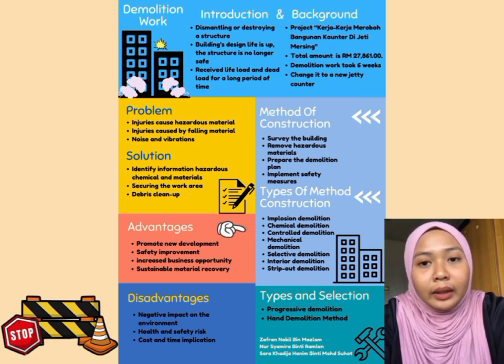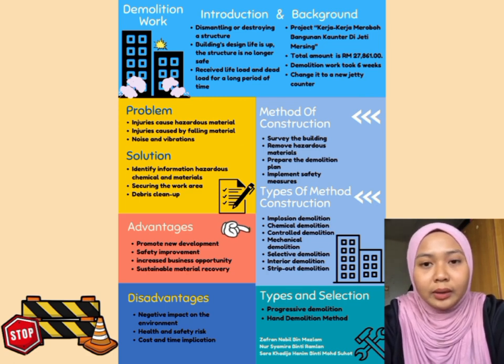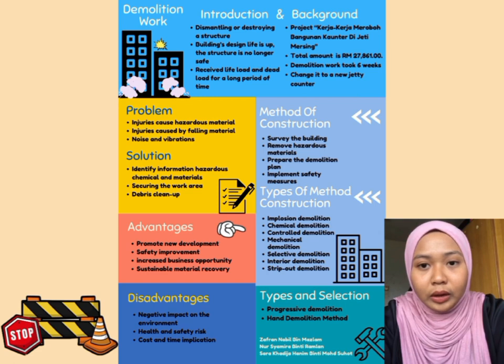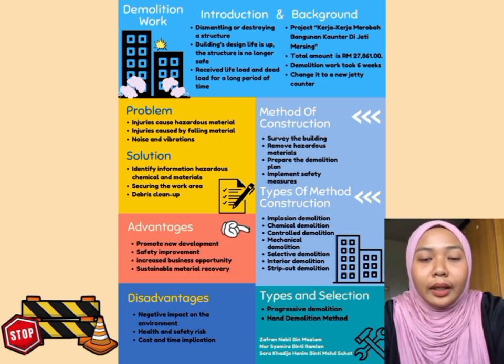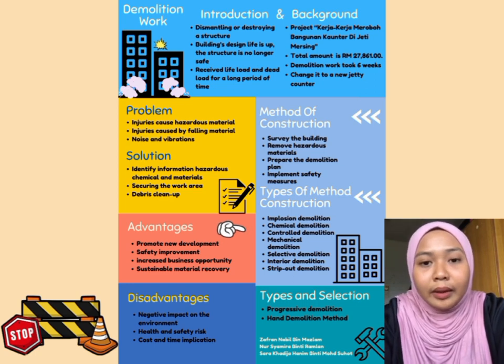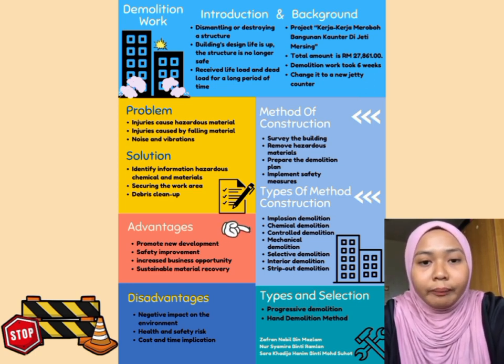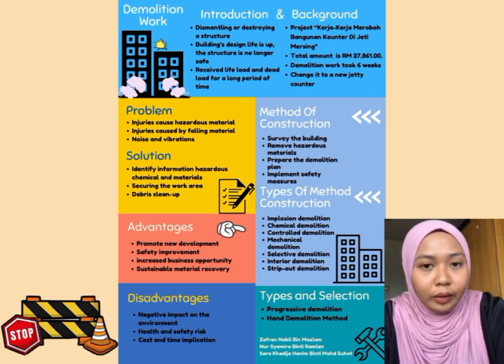Furthermore, the mechanical demolition method. This technique necessitates the use of specialized mechanical equipment and tools. It is because specific demolition equipment may be used on different building materials such as steel or concrete. This method of demolition is more exact than the crane and ball. Selective demolition is also included in the methods of demolition works.